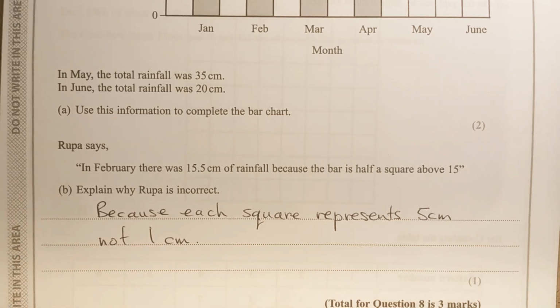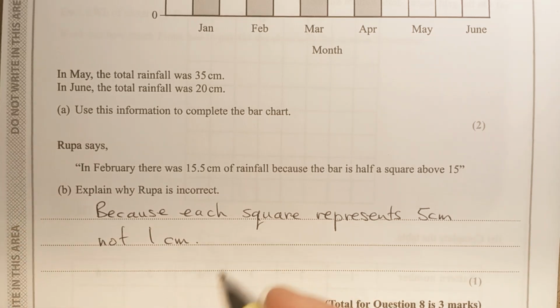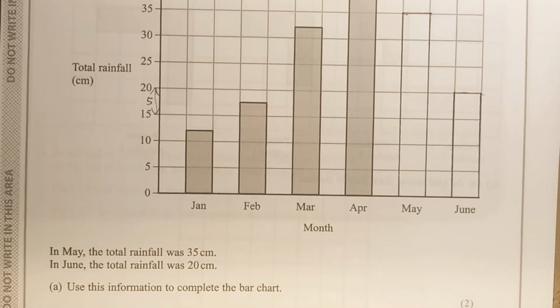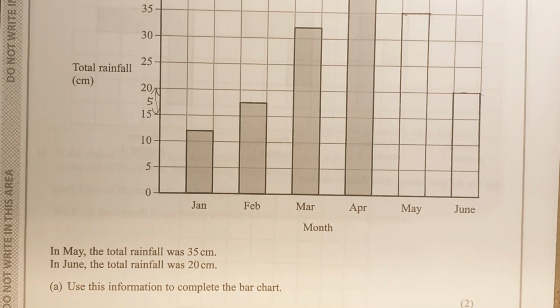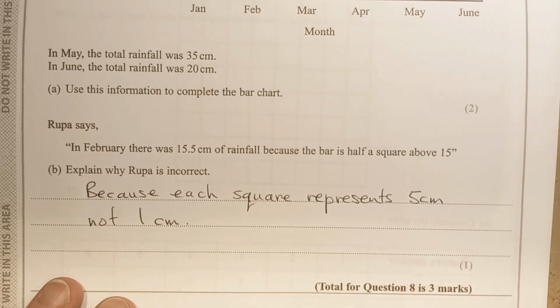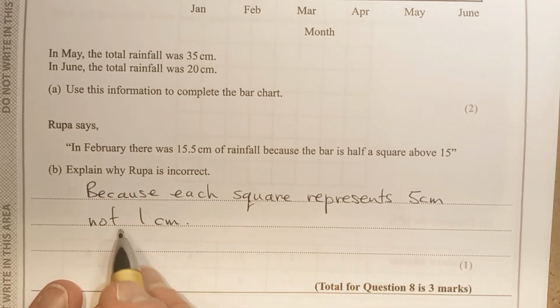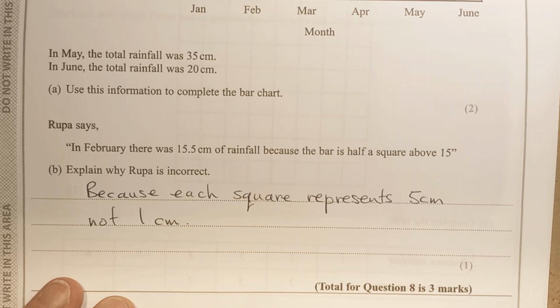Something along those lines. We could go into more detail and we could say the actual measurements. If we wanted to, we could say, well, this is going to be halfway between 15 and 20 and work out the value. But because it's only 1 mark, just a few words like this should be enough.